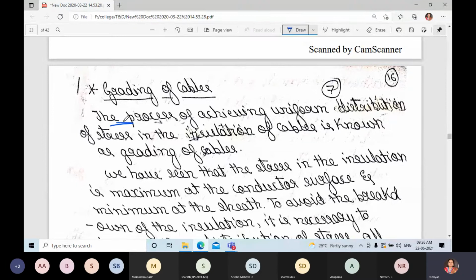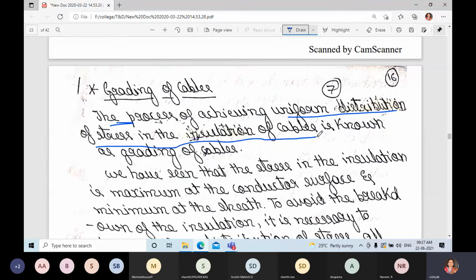What they are saying is the process of achieving uniform distribution of stress. The stress across the conductor's many layers should be equally divided. The process of achieving the uniform distribution of stress in the insulation of cables is known as grading of cables.